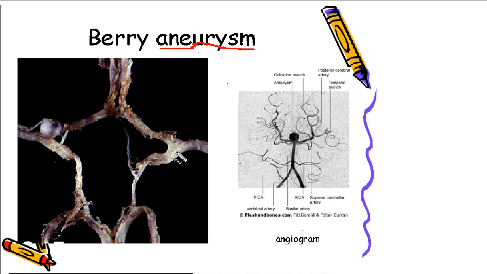Recovery may be impeded by a secondary elevation of intracranial pressure, and this is caused because once the aneurysm ruptures, a blood clot is formed, and then the blood clot obstructs the absorption of CSF. It's usual practice to define the aneurysm by carotid angiography, and that's why I showed you an angiogram over here.